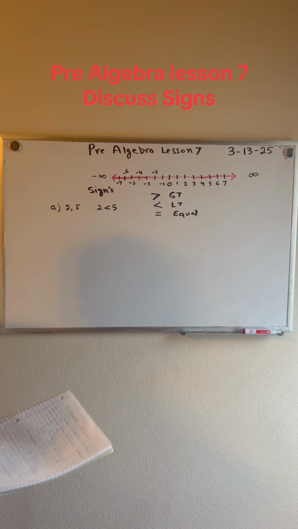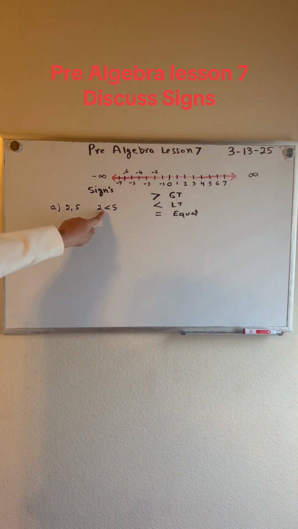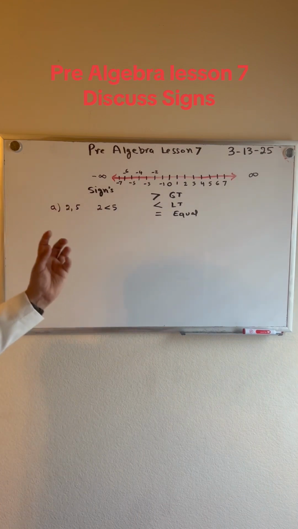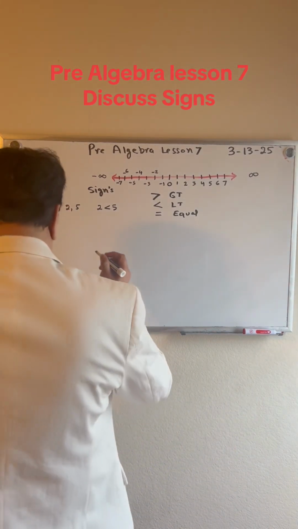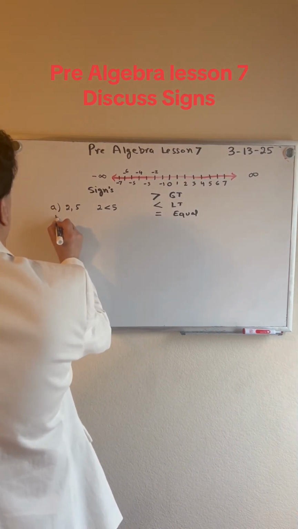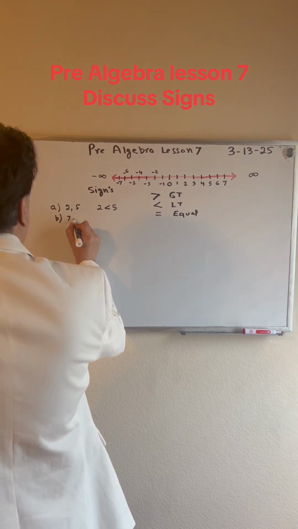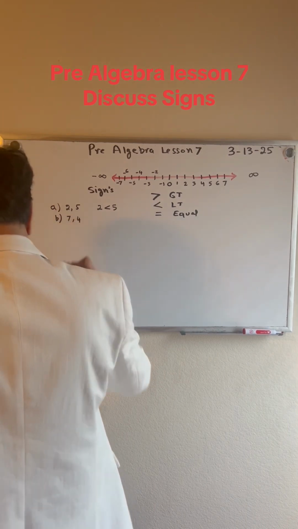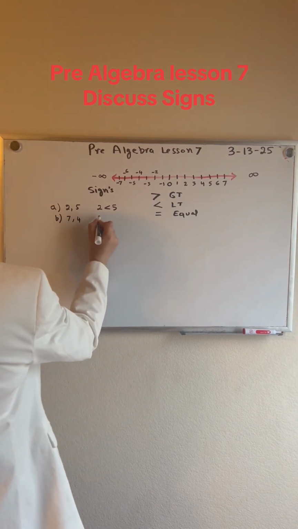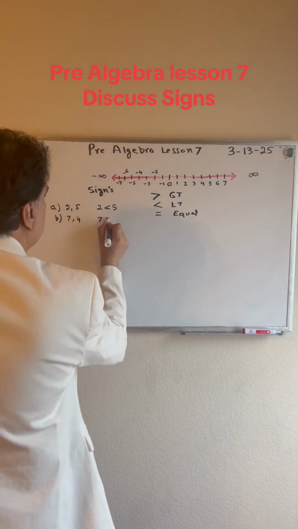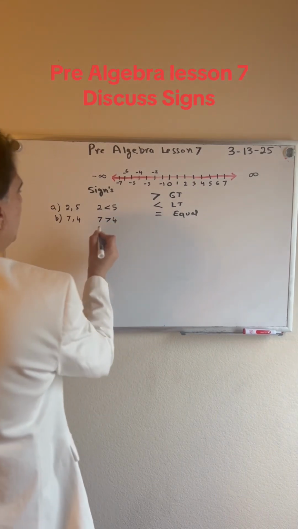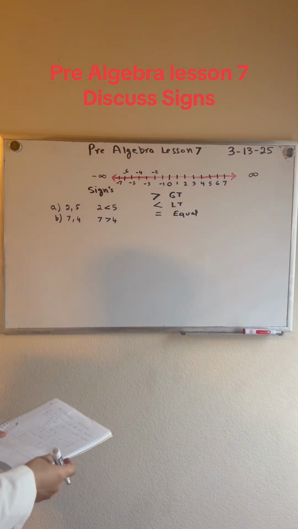And look at that, the arrow is pointing towards the smaller number. That is always going to be the case. Another one. Let's say we have 7 and 4. In this case, 7 is going to be greater than 4. And the arrow is always pointing towards the smaller number.